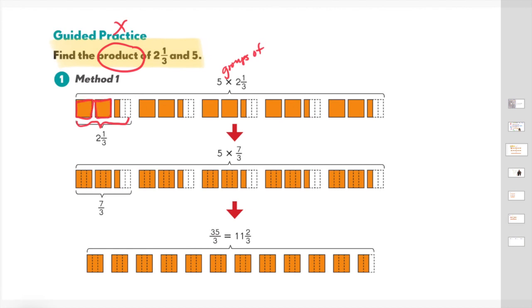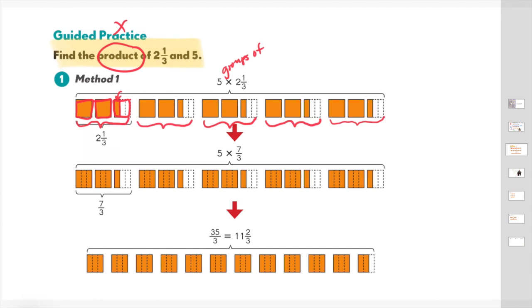You can see here are 2 wholes. And if I divide my last whole into thirds, here's my 1/3. So there's one group of 2 1/3, 2 groups of 2 1/3, 3 groups of 2 1/3, 4 groups of 2 1/3, and 5 groups of 2 1/3.